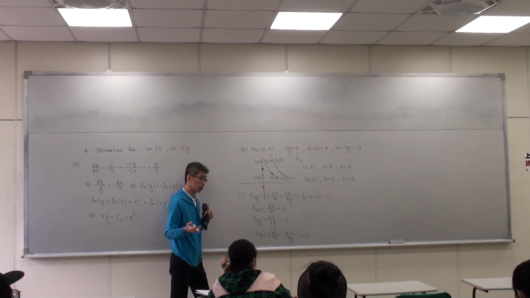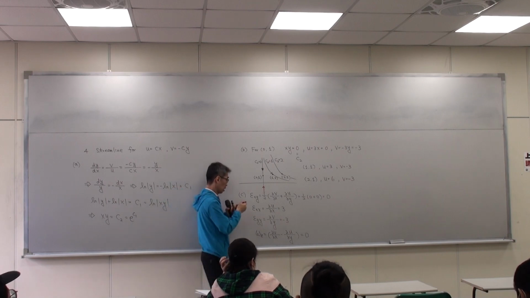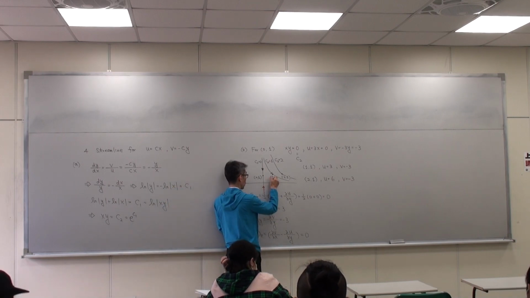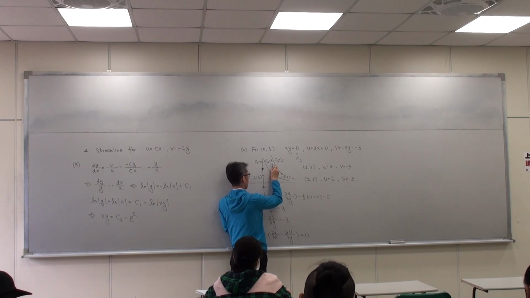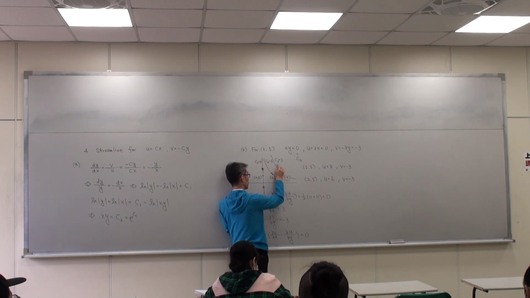If you want to look at different points, okay? Then similarly 1, 1, you will get a constant like 1, and 2, 1, they will give a constant like 2.